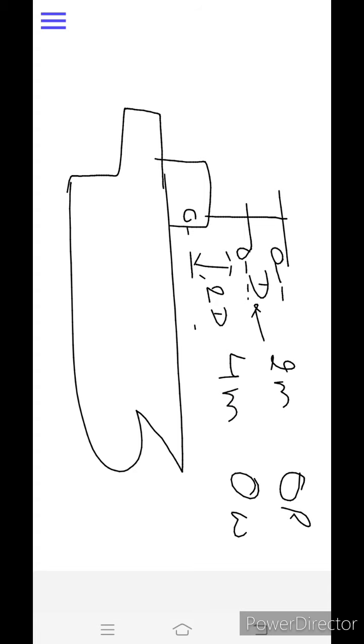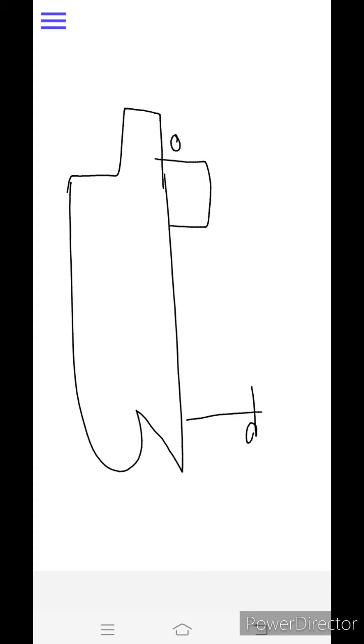Let's move to point number K. The forward anchor light prescribed in rule 30A, when two are carried. Rule 30 is the rule for lights for a vessel at anchor or aground. As per that, when two are carried, the forward one shall not be less than 4.5 meter above the after one. On a vessel of 50 meter or more in length, this forward anchor light shall be placed at a height of not less than 6 meter from the hull.